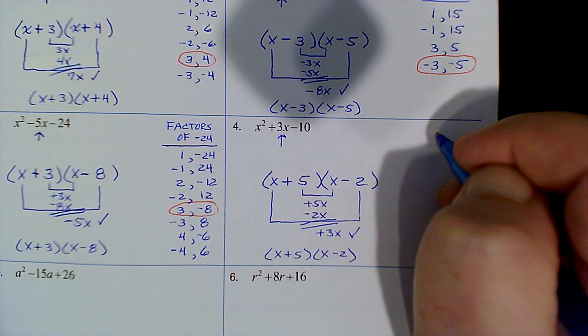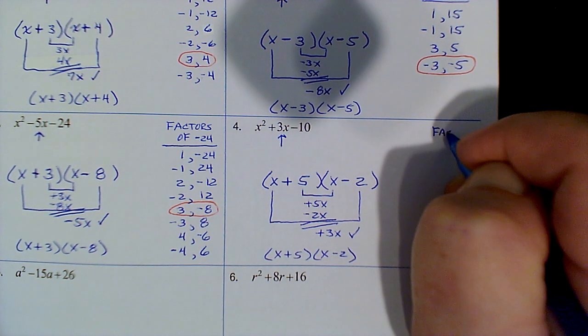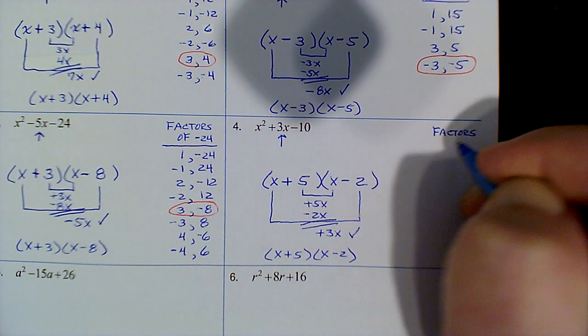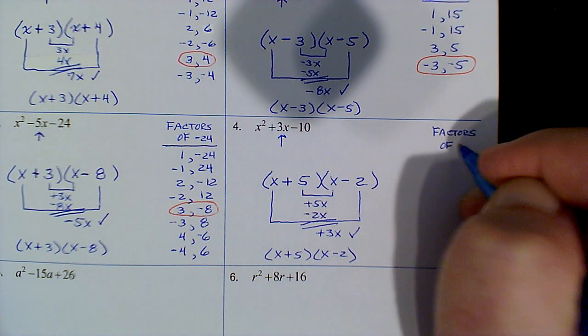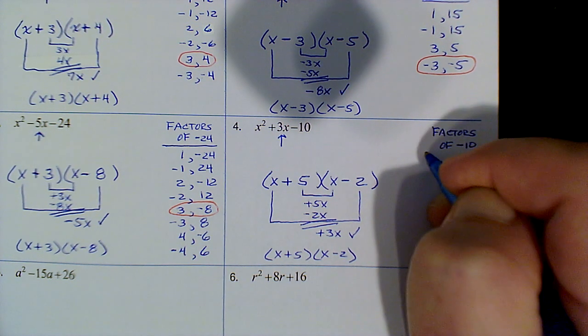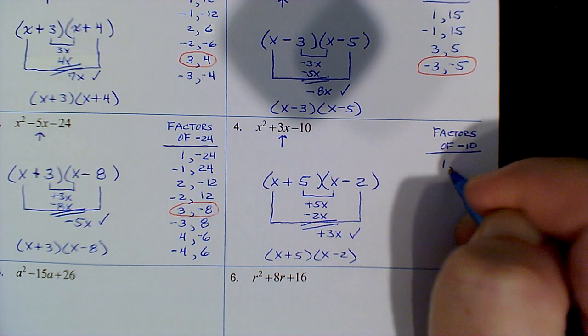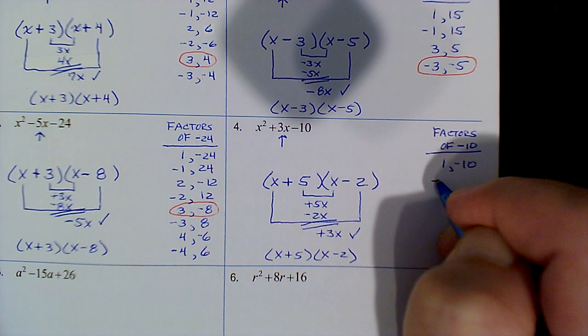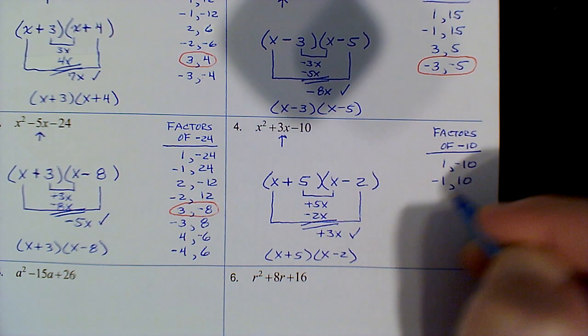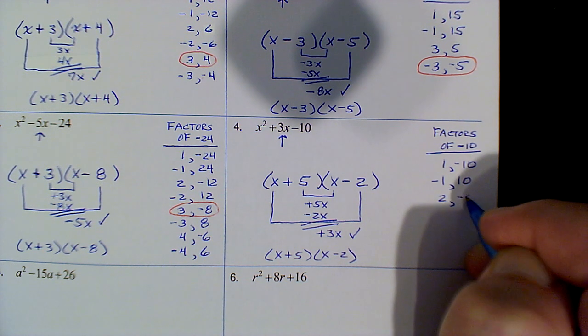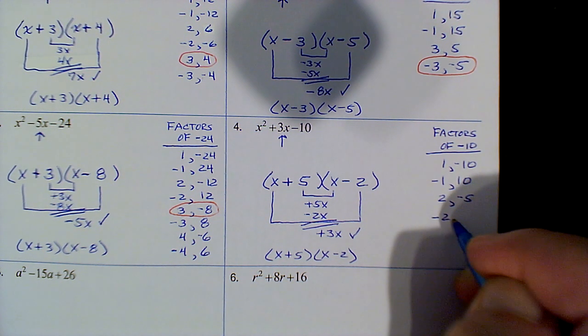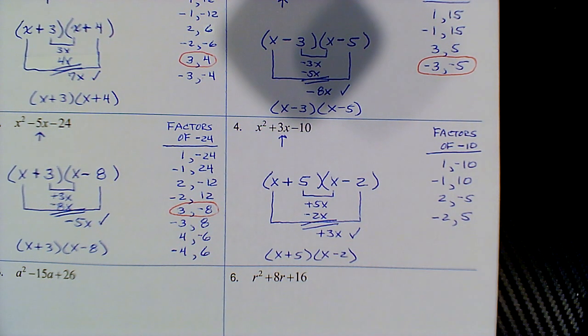And again, you could do the factor thing. So list the factors of negative 10. So 1 and negative 10, negative 1 and 10, 2 and negative 5, negative 2 and 5, and that's it.